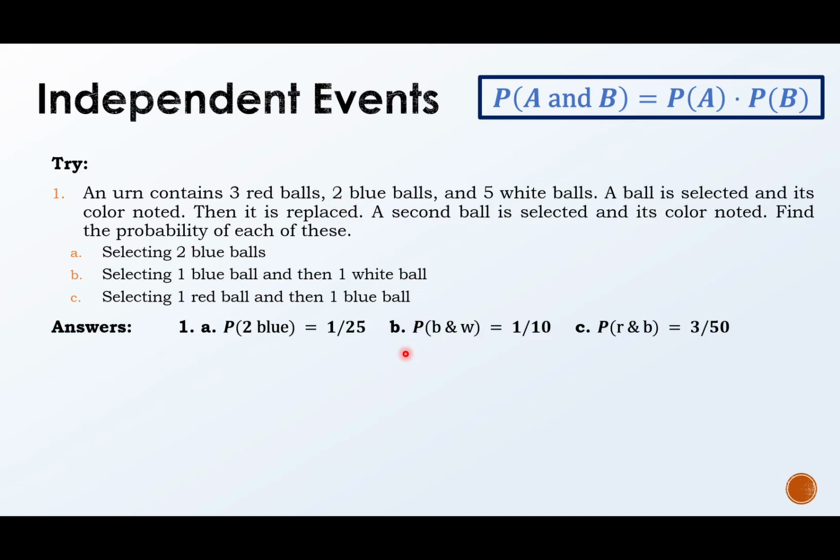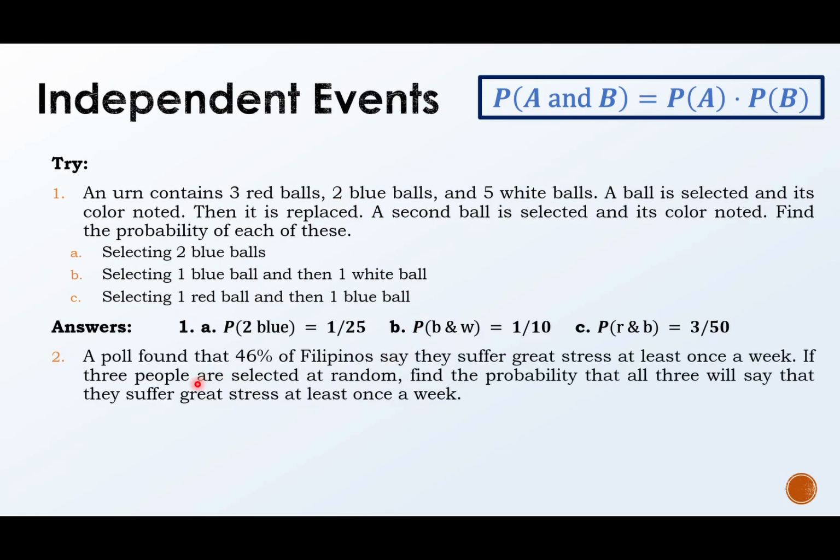Okay, so another example. There is a poll that says 46% of Filipinos say they suffer great stress at least once a week. If 3 people are selected at random, find the probability that all 3 will say that they suffer great stress at least once a week.